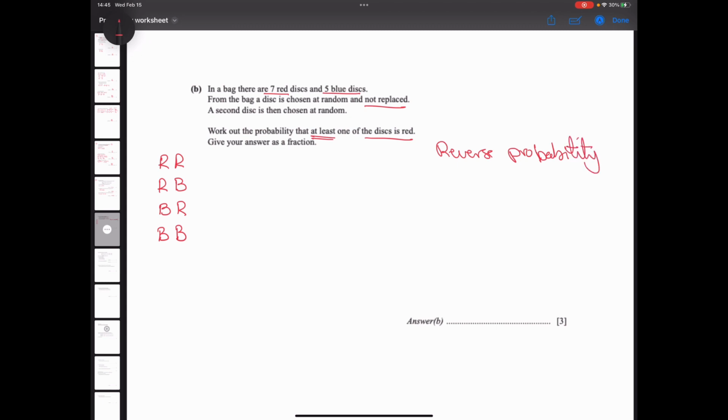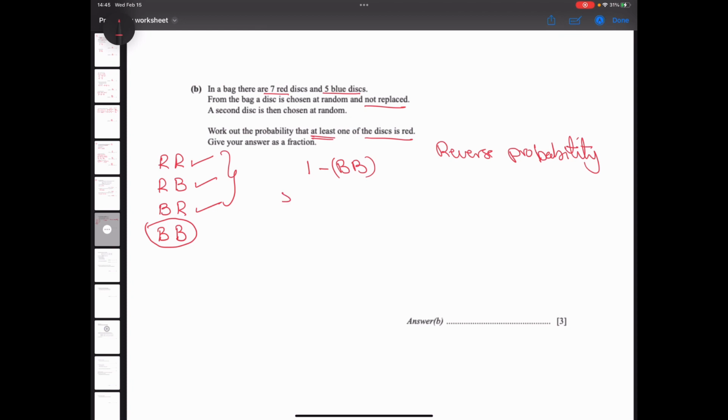And in reverse probability, at least one red, it can either be this, this, this. So instead of calculating the 3, we are going to find blue, blue, and then say 1 minus blue, blue would give me my answer.